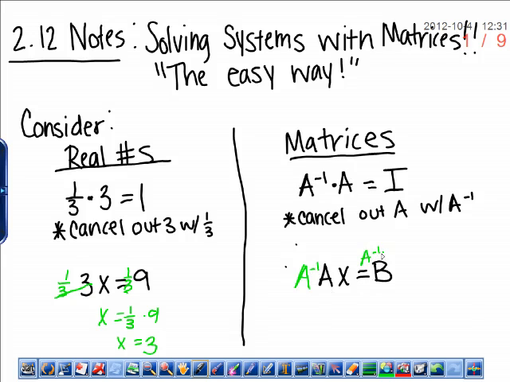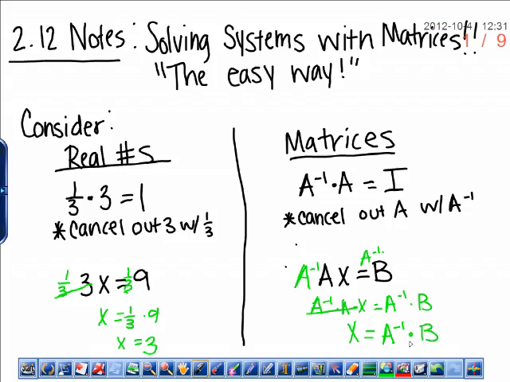And remember, if you do it on the left on one side, you have to do it on the left on the other. So this gives me A inverse times A times matrix X equals A inverse times B. What happens with A inverse and A? Okay, so I get matrix X equals A inverse times B.